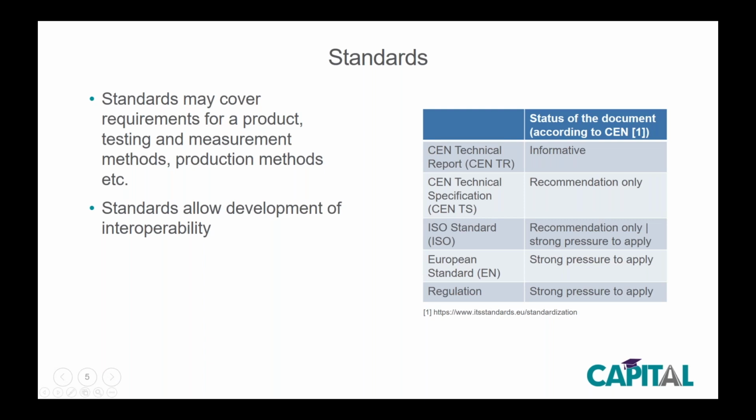And of course, it is also a document. Standards are not legally binding as such, but they may be referred to in government regulation or in private contracts. And what is important is that standards allow development of interoperability between implementations of the same system.